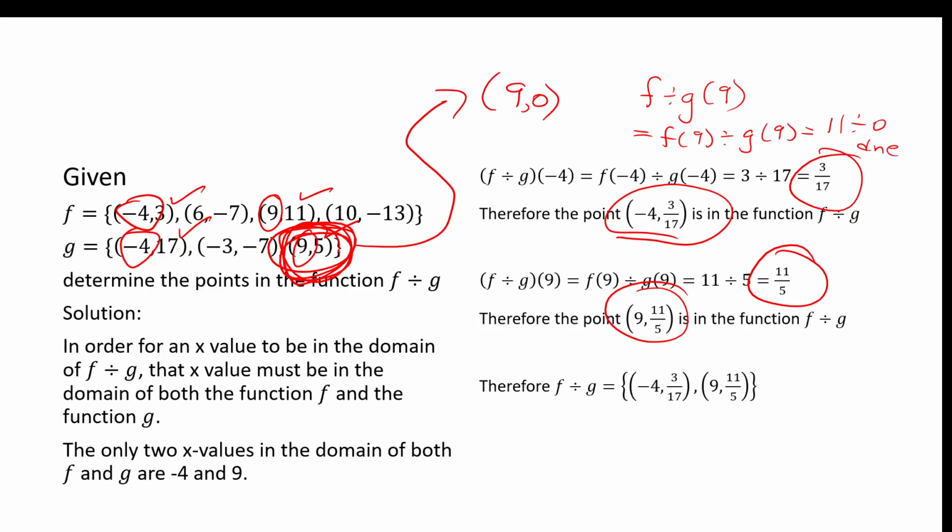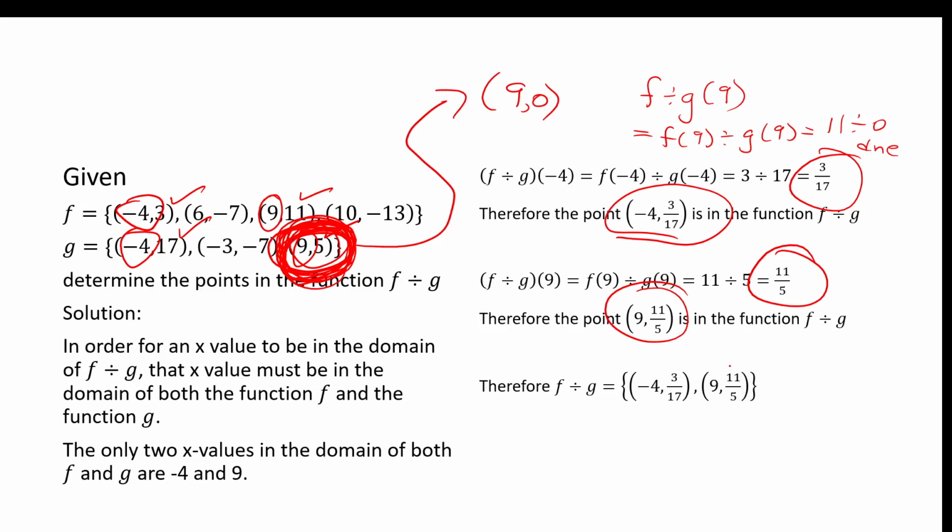So if this point that I'm circling boldly in red had been 9, 0 instead, there would be no point in f divided by g of x with an x value of 9. Because you can't divide if the denominator equals 0. You can divide if the numerator equals 0, but you cannot divide if the denominator equals 0.